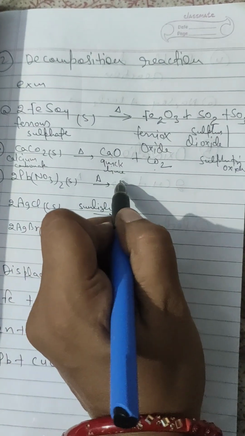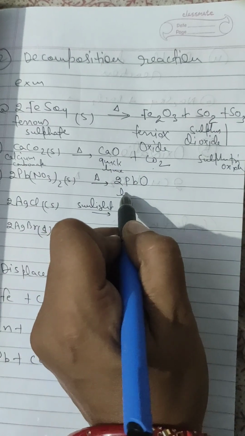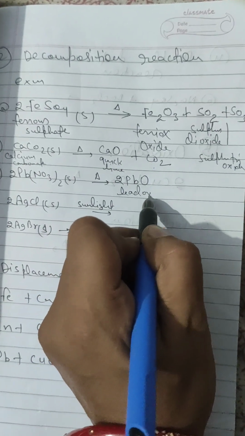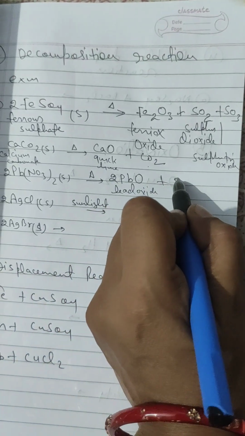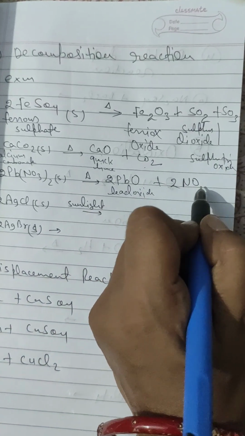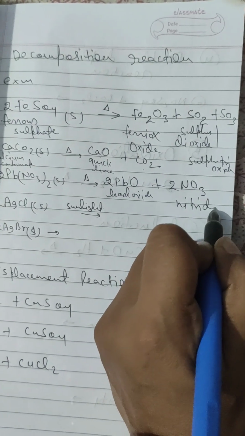Lead nitrate: lead oxide will be formed and nitrogen dioxide will be formed.